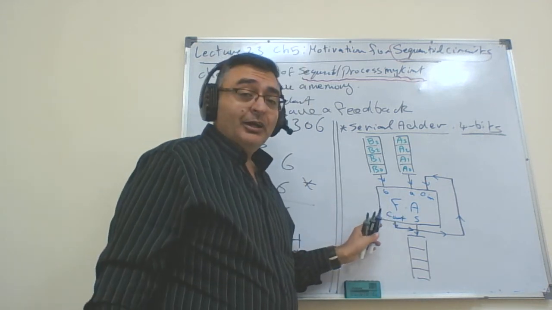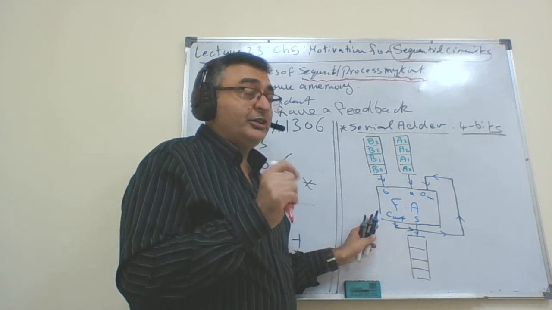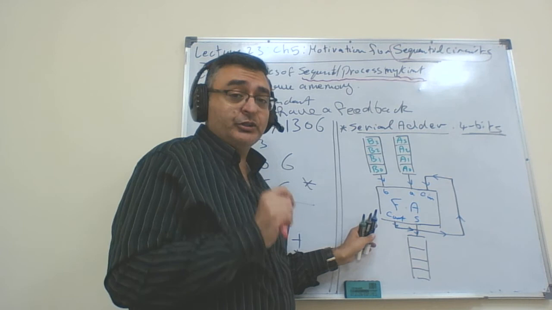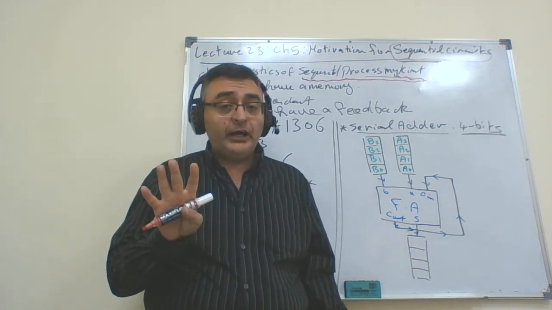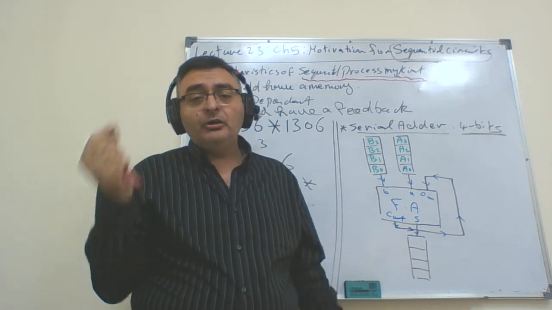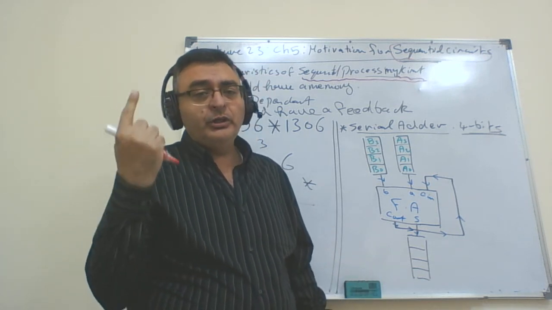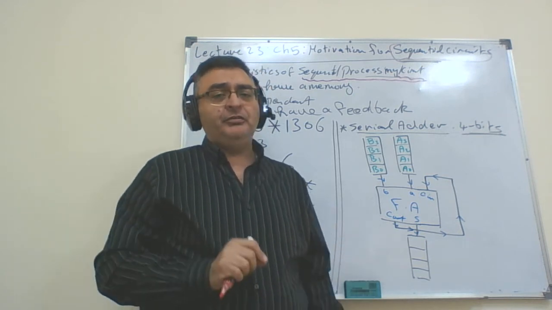First of all, I used a significantly smaller circuit. Instead of using 4 full adders to perform the 4-bit addition, I used only 1 full adder. But the full adder alone is not enough here.